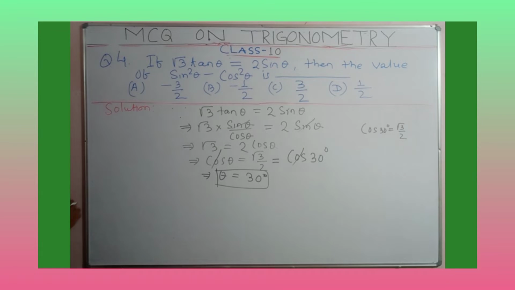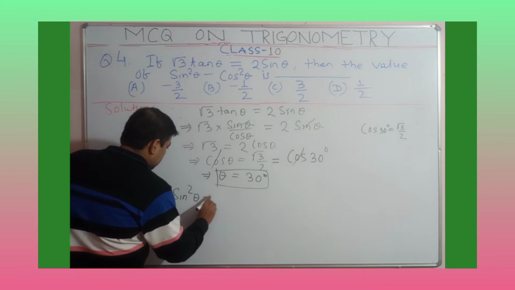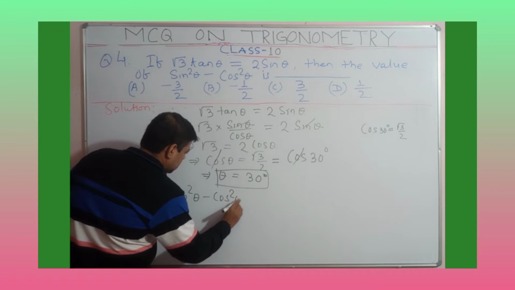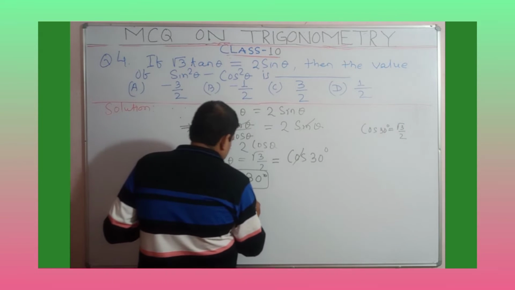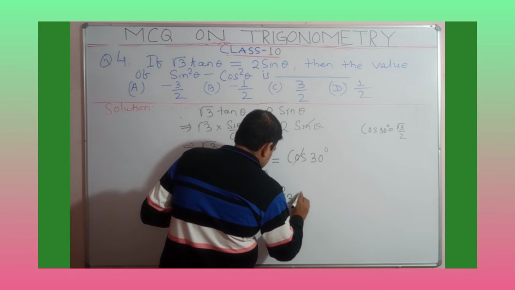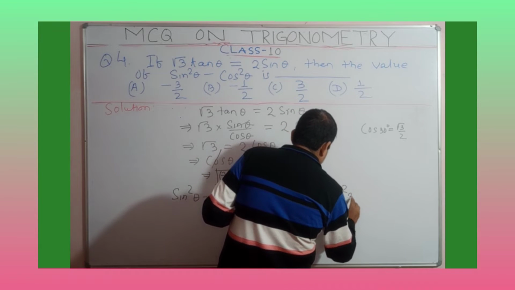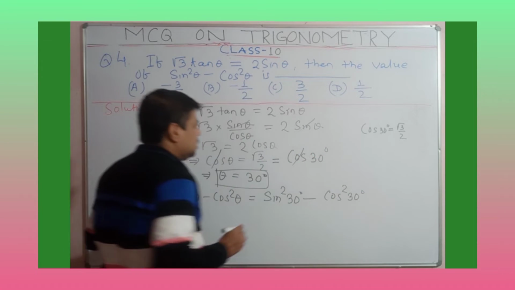Understand? Now let us find sin square theta minus cos square theta. Here sin square theta means sin square 30 degree minus cos square 30 degree. Yes or no?